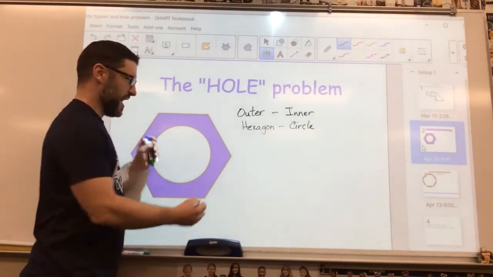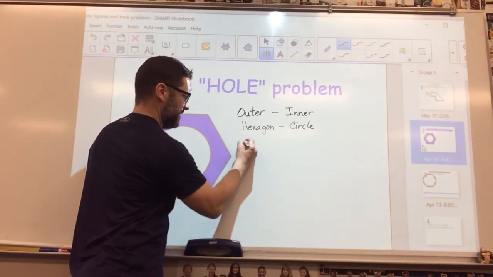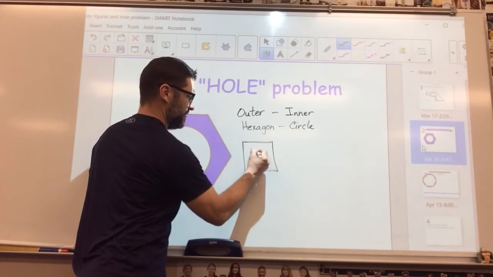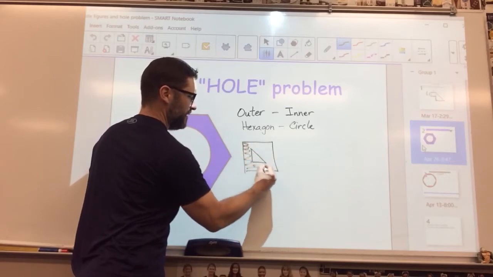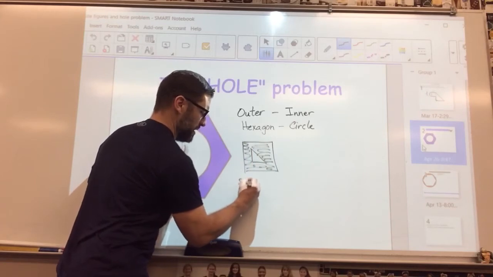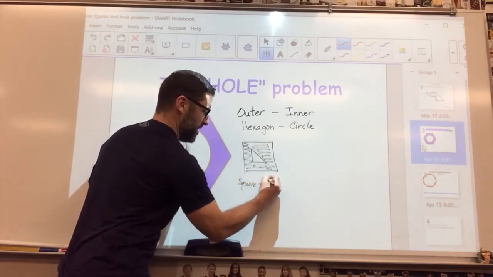But, I mean, that's just for that one. I mean, if it was like, here is a square, and here is a triangle, and it wanted you to find the area of the shaded region, you would do square minus triangle.